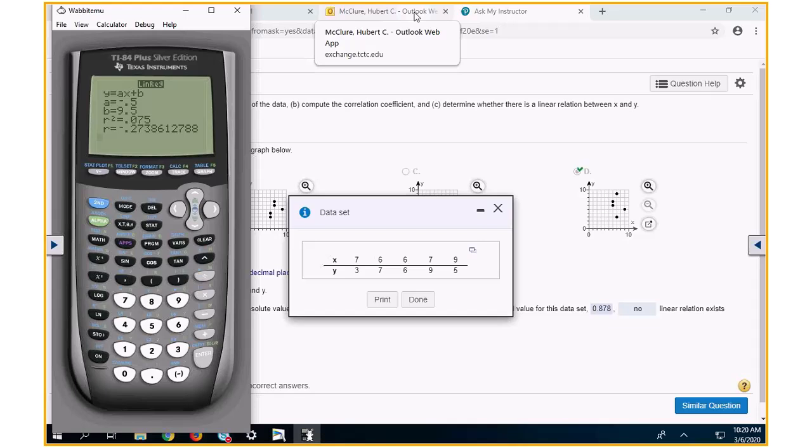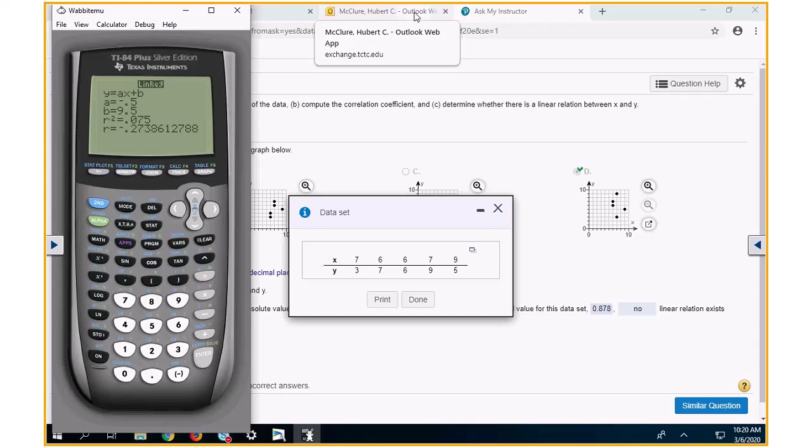Yes. Okay, so either I typed in something wrong or you typed in something wrong. Check the numbers. 76679 on the X and 37695 on the Y. Make sure all your numbers are typed in right.